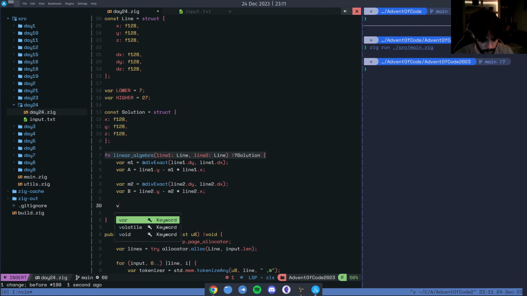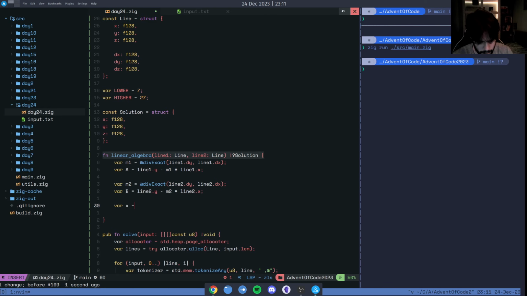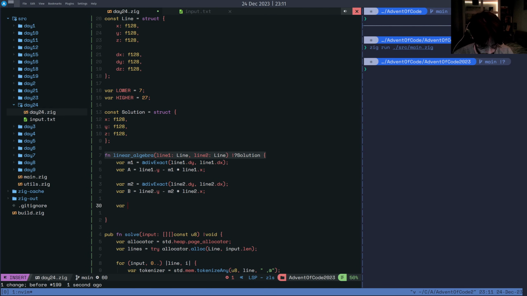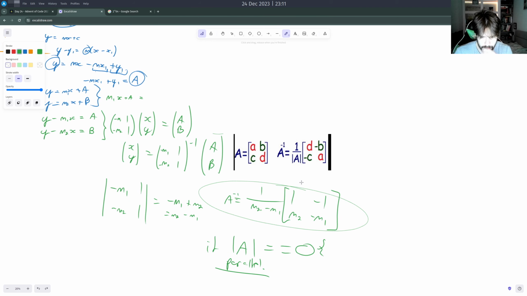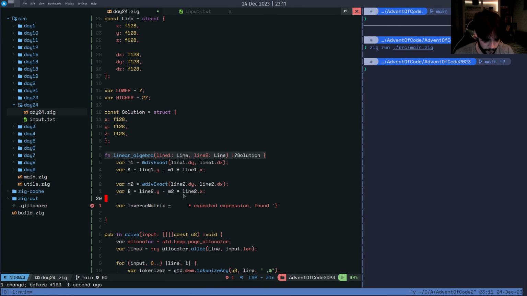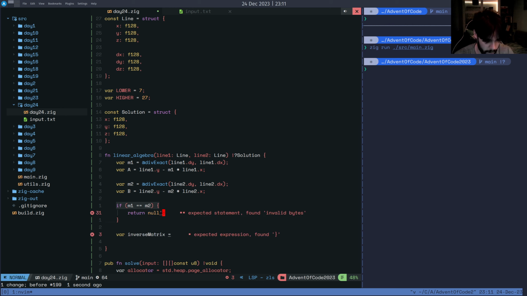So var x equals, so inverse matrix equals, so actually what we're going to do is if m1 is equal to m2, return null.